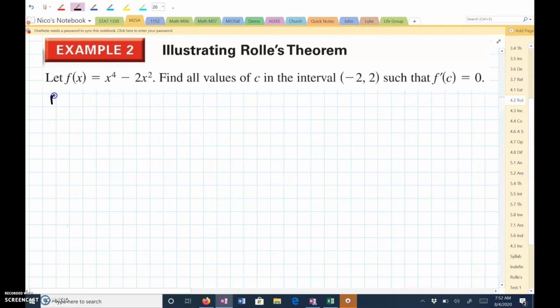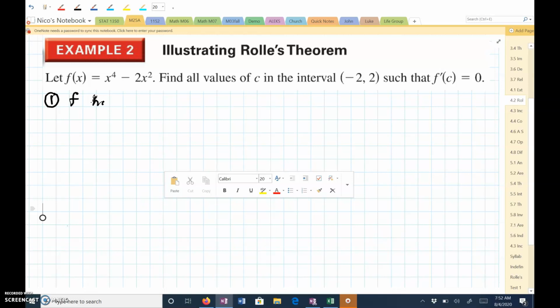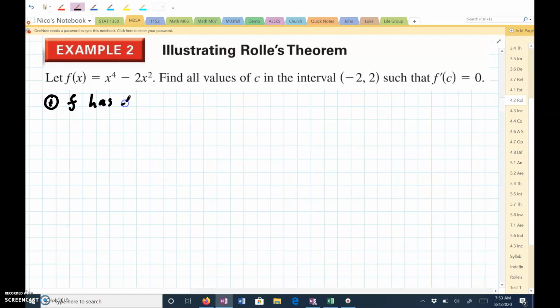The first condition: f has to be continuous on the closed interval from a to b.